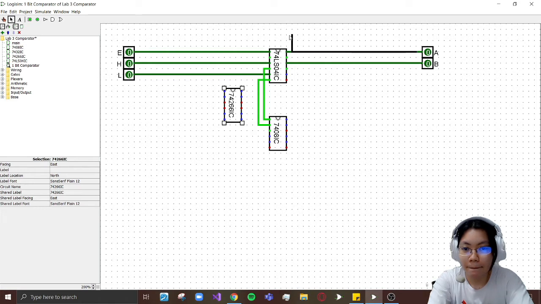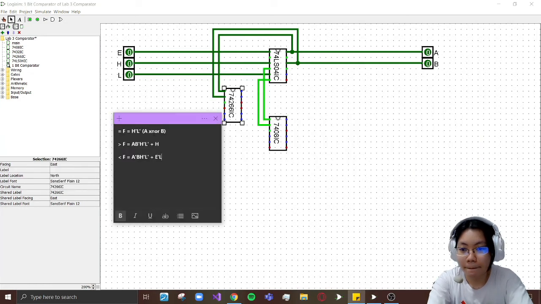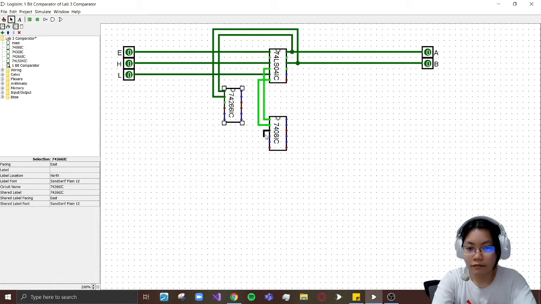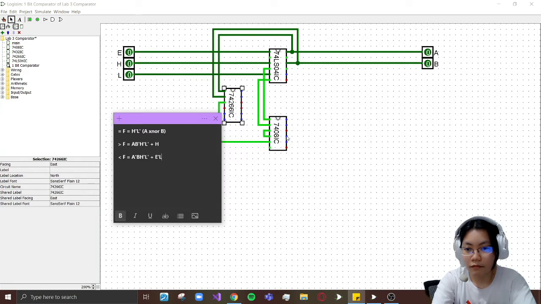Tapos, nilagyan ko dyan ng XNOR kasi kailangan natin XNOR yung input signals A and B. Tapos, yung dalawang yon nakita ko na naka-AND sila together. Tapos, yun na yung ginagawa ko dyan. Yan, pinakita ko lang na tapos na siya.